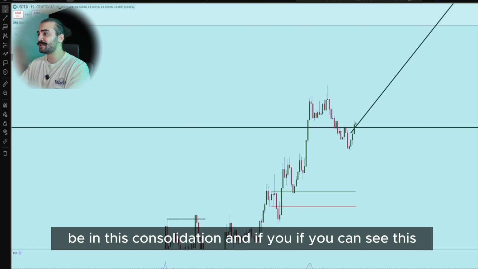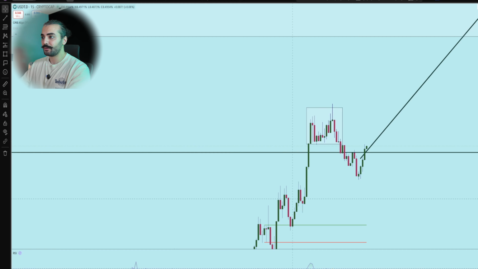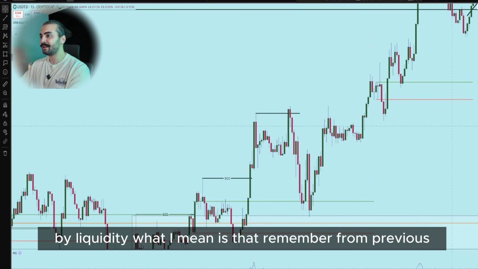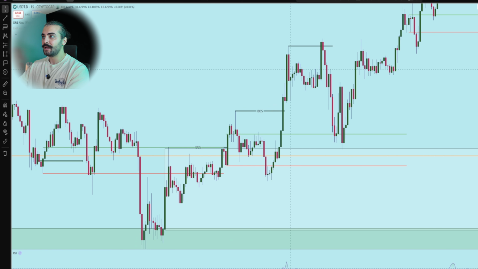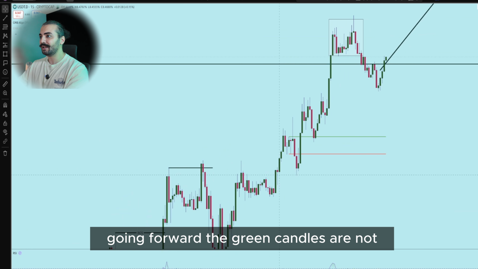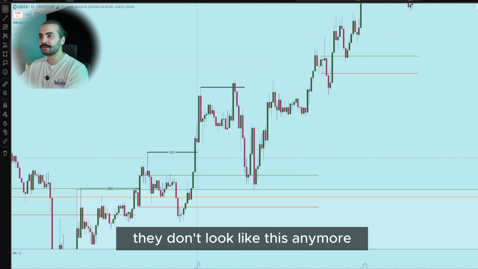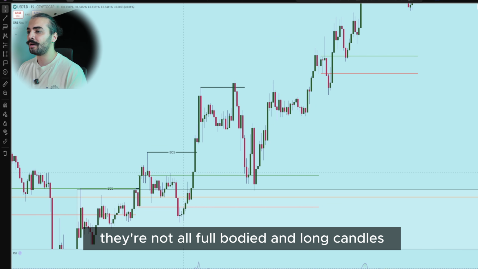And if you can see this, right now, we had huge liquidity on this box. By liquidity, what I mean is that, remember from previously, here we had straight green candles all the way up. But going forward, the green candles don't look like this anymore. They're not all full-bodied and long candles.